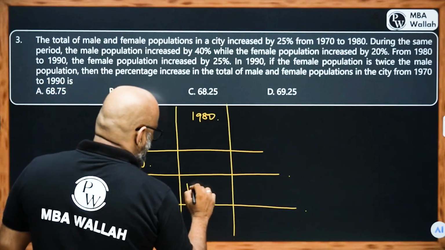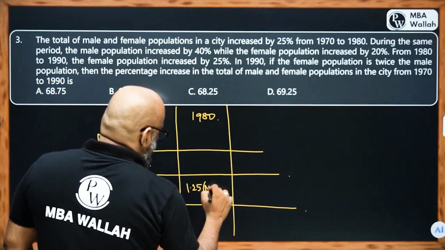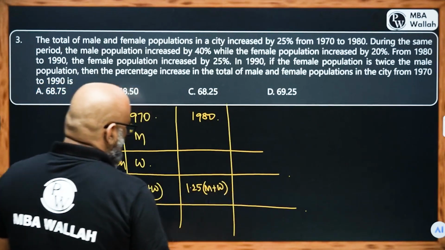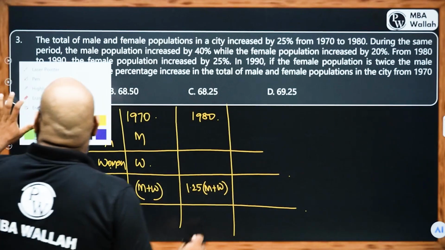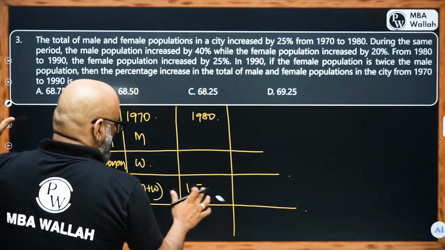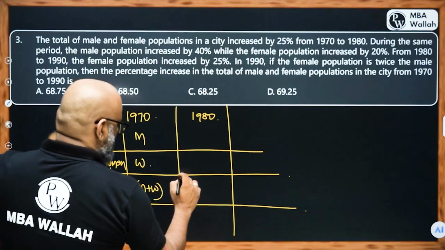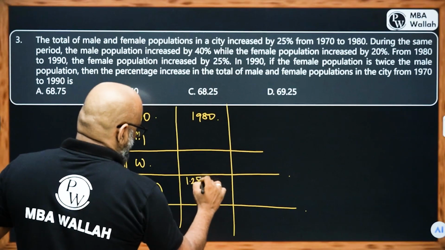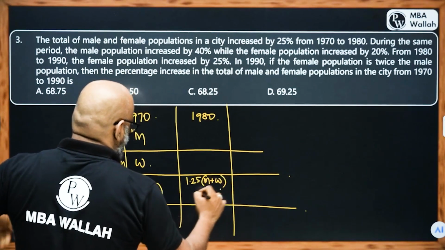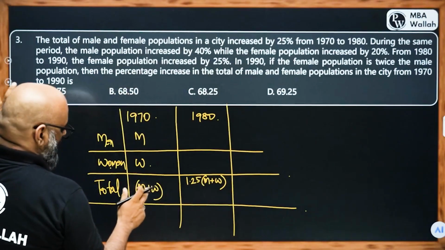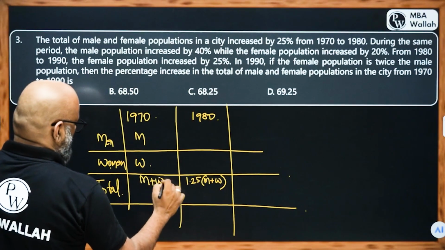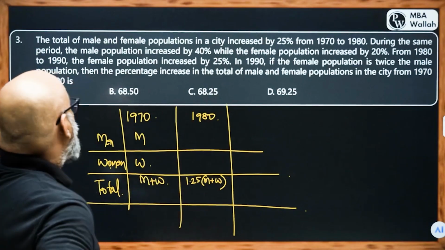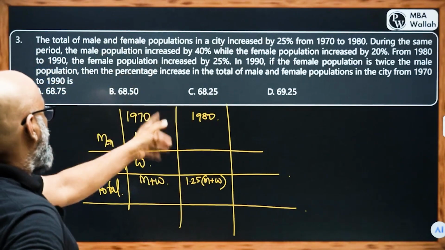That will be 1.25 times (M plus W). I'll write it a little higher in case I need that space. So 1.25 into (M plus W). Here it will be M plus W. What happened during the same period from 70 to 80?